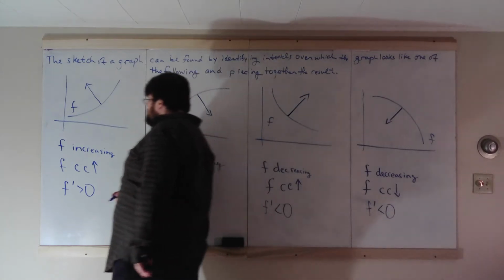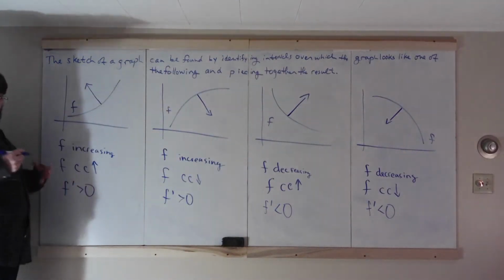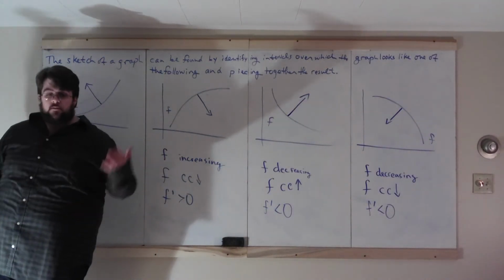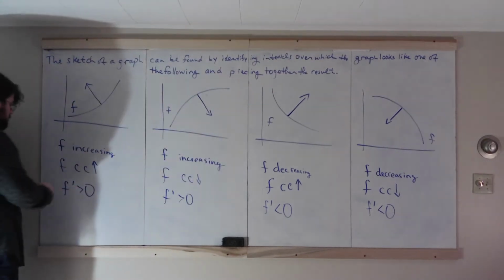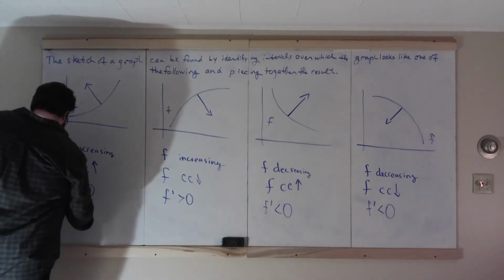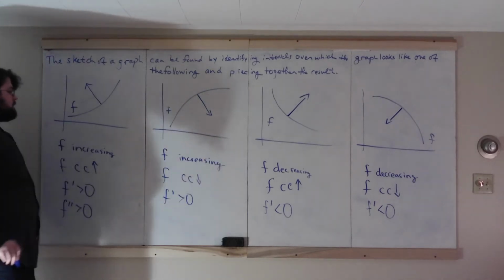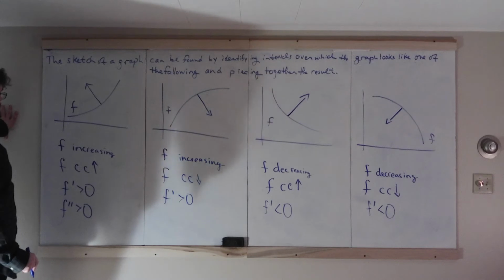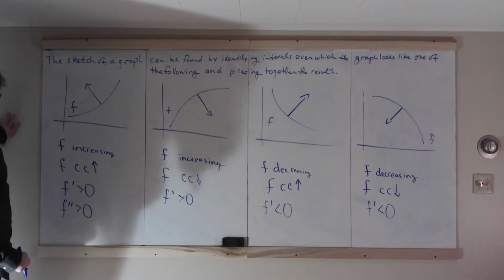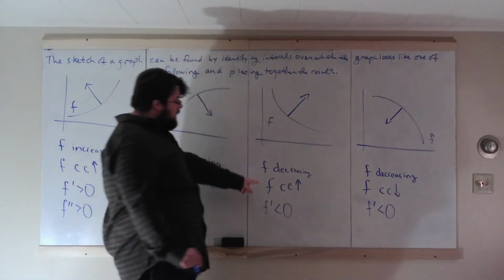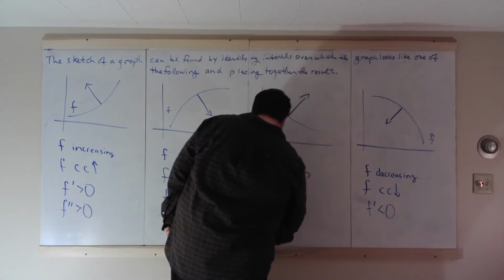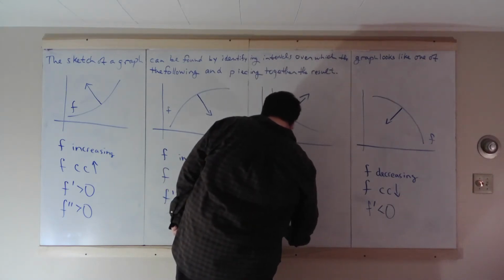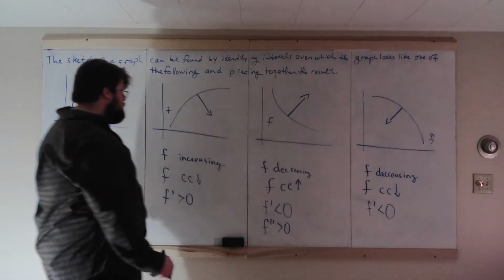And here, concave up, remember, went with the second derivative being positive. I think it's a very consistent result because we have all of these positive sounding words going together. Increasing, up, positive, positive. Decreasing, up, negative, positive for that third one.